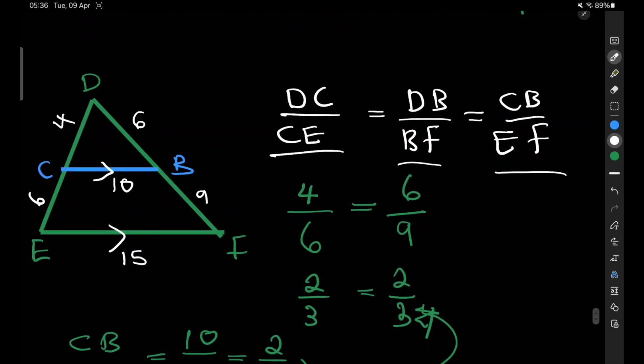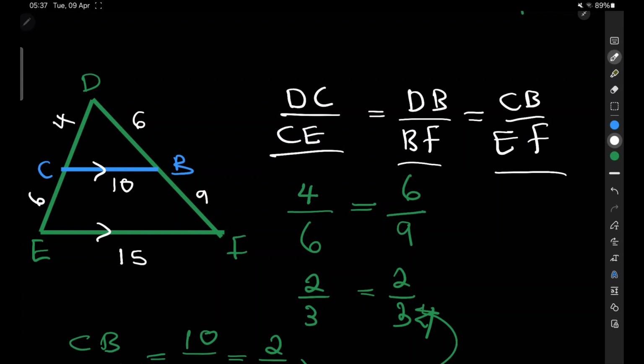So now just imagine we're not told that those two lines are parallel to each other, but we're given all these figures to conclude that they have the same ratio. Okay, so from concluding that they do have the same ratio, we can also conclude that CB is parallel to EF.